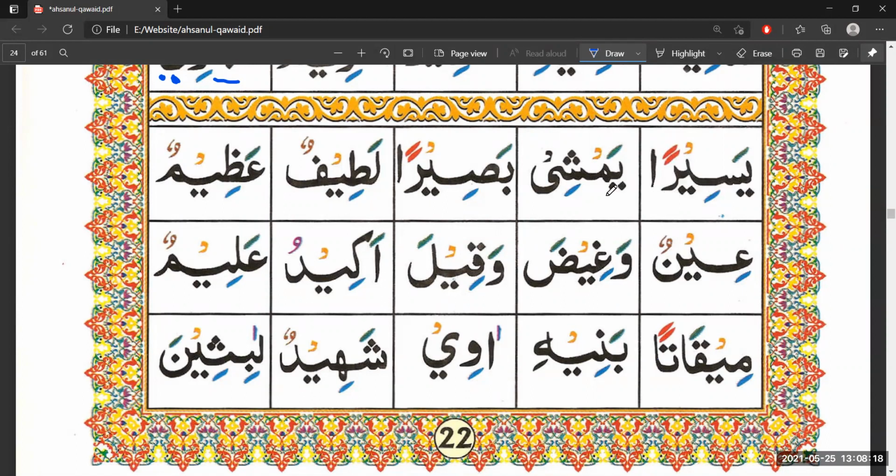Next one, ya fatha ya, mim with a sukun, and sheen ya kasra she. I'm going to write these 2 dots again here. So there's your 2 dots. So we would say yum, she.